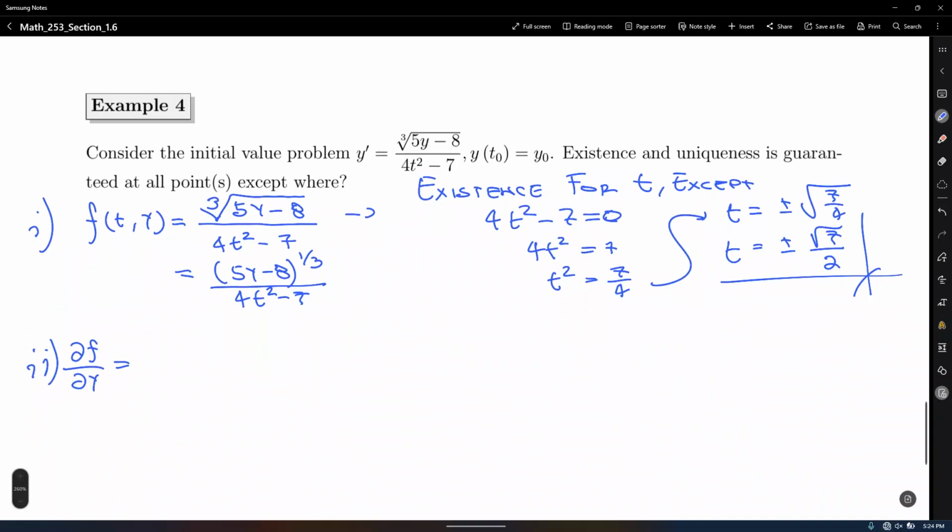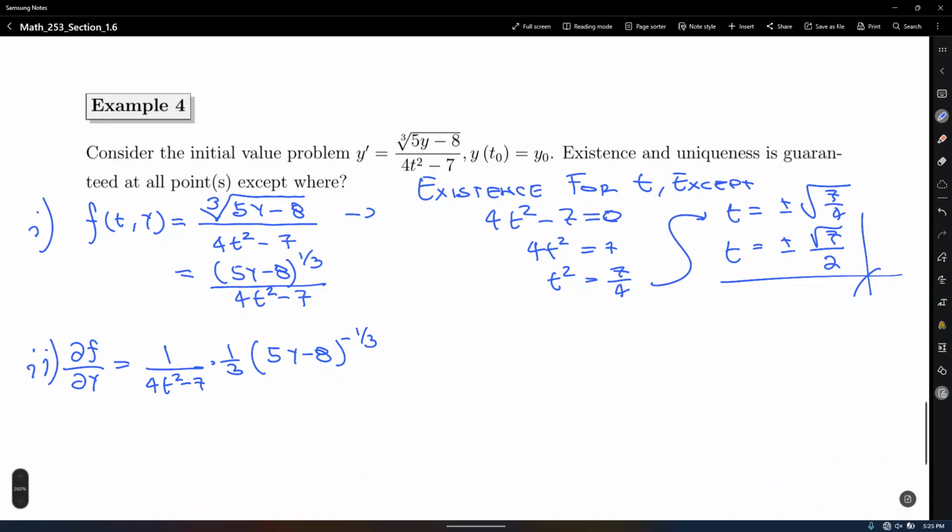Do we really need the quotient rule to differentiate this with respect to y? Not really, because the denominator, 4t squared minus 7, is just a constant with respect to y. So this is the multiple constant, 1 over 4t squared minus 7, times the derivative of the numerator, which is 1/3 times 5y minus 8 to the negative 1/3.